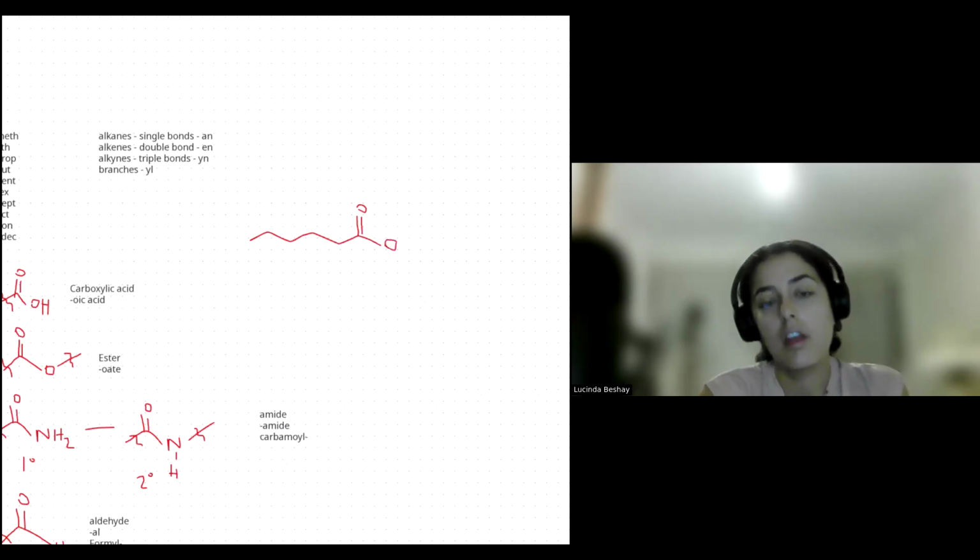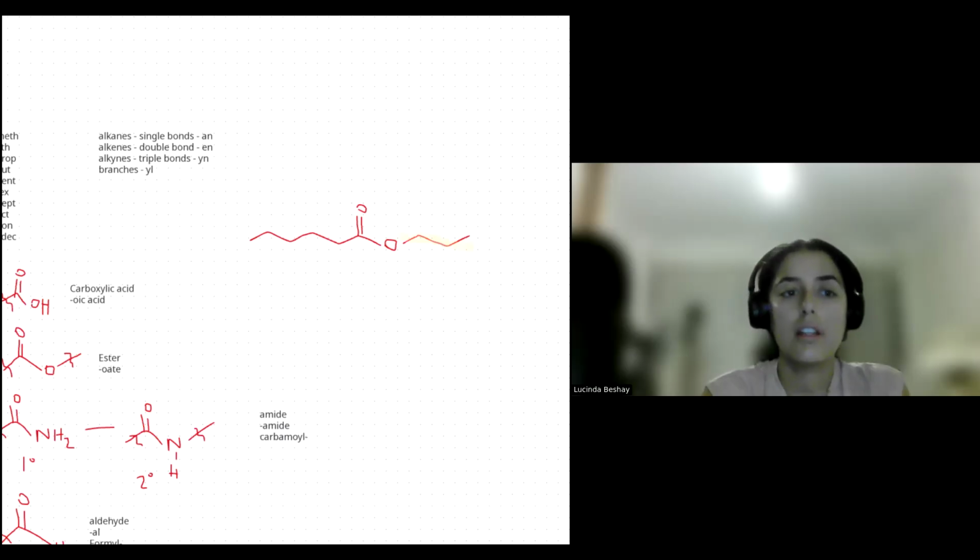Now the ester is subdivided into a section that's after the oxygen right here, the ester oxygen, and a section that's before the carbonyl. And remember, we mentioned that this group right here is called the carbonyl. So whatever is before the carbonyl is a section, and whatever is after the oxygen is a section.